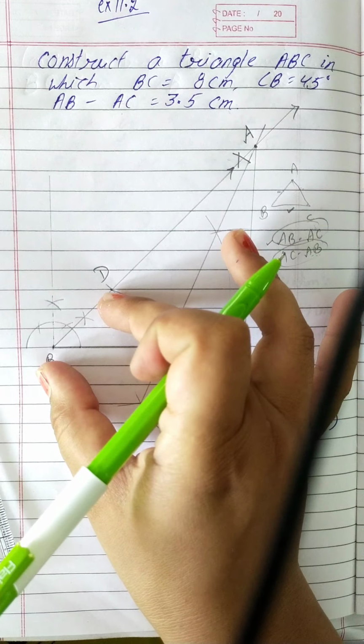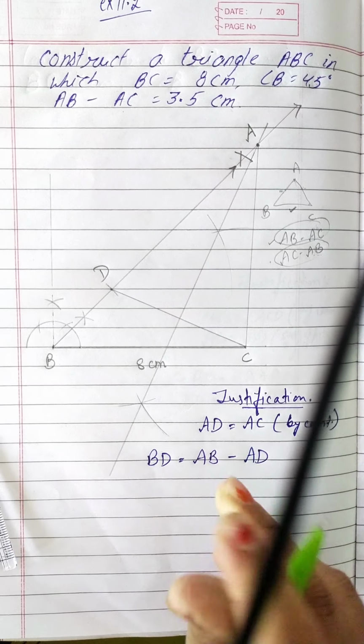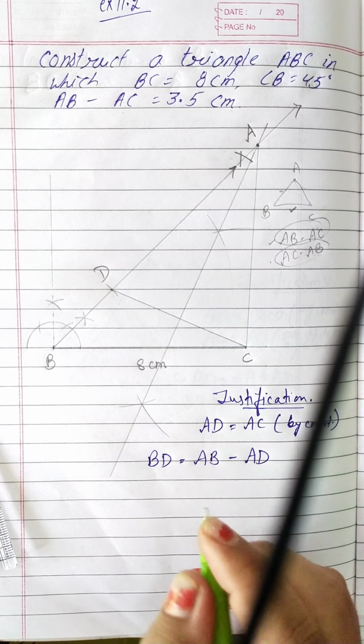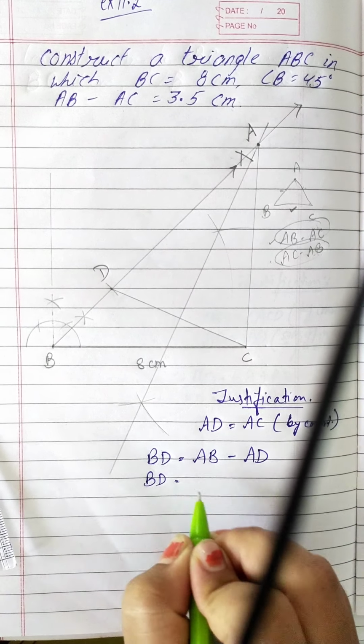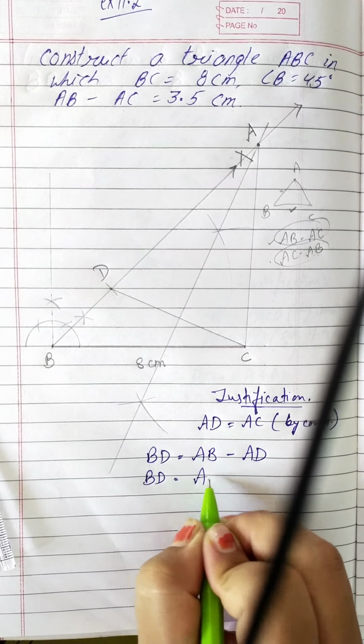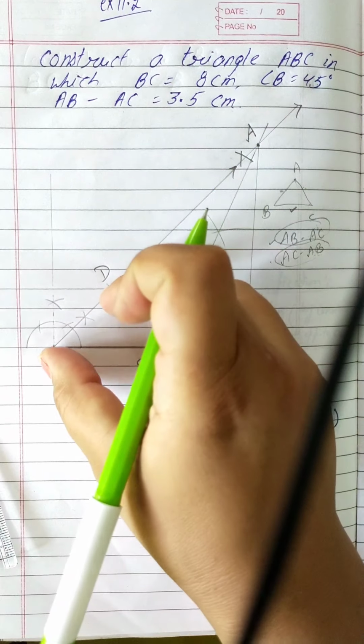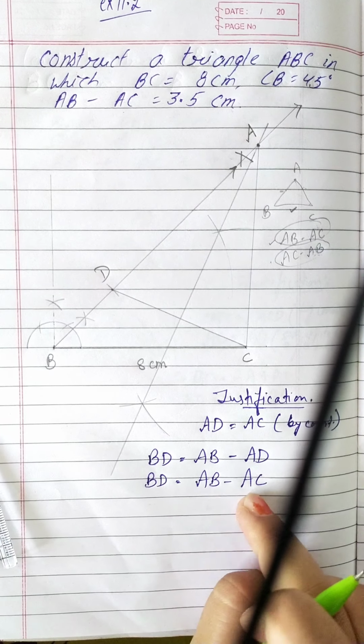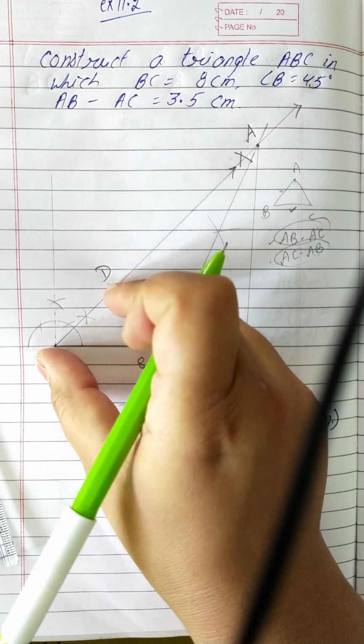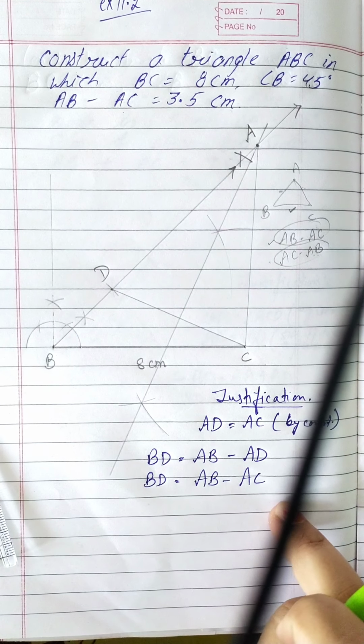So let us write BD is equal to AB minus AD. Instead of this AD we can write AC. So BD is equal to AB minus AC. Hence we have justified why we chose BD as the difference, AB minus AC, 3.5, we wrote for BD. So this is our justification.